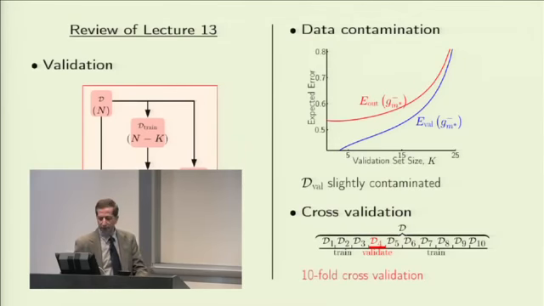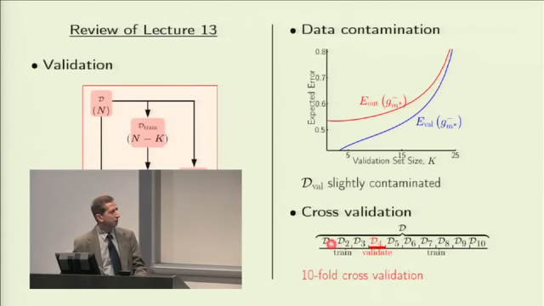Then, because the number of examples turned out to be an issue, we introduced cross-validation, which is by and large the method of validation you're going to be using in a practical situation because it gets you the best of both worlds. In this case, we are illustrating 10-fold cross-validation. You divide the data set into 10 parts. You train on 9 and validate on the 10th and keep that estimate of the error.